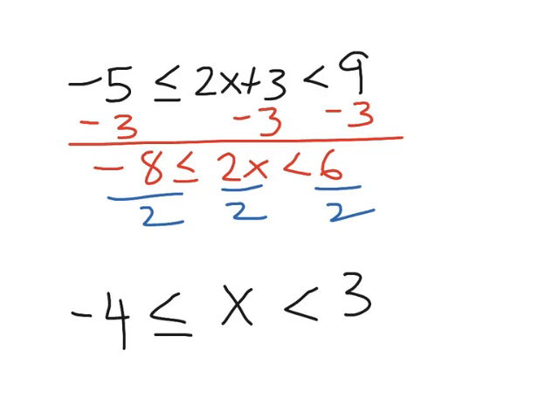Okay, so there's the basics of solving inequalities. Now, what they ask you to do in your book quite often is solve and then write the answer in interval notation or graph your answer. So I want to talk about those for a few minutes.